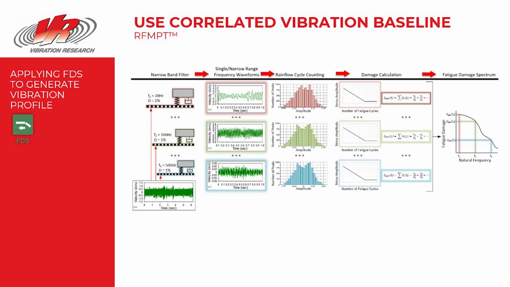Next, the resulting velocity time waveform is run through a series of narrowband filters to generate frequency-specific waveforms that are rainflow cycle counted. Using Miner's rule and an appropriate SN curve for the material of interest, fatigue damage is quantified for each frequency, thereby producing a fatigue damage spectrum. The Henderson-Pearsall transformation is used to yield a PSD for a vibration profile that is correlated to the end-use environment.